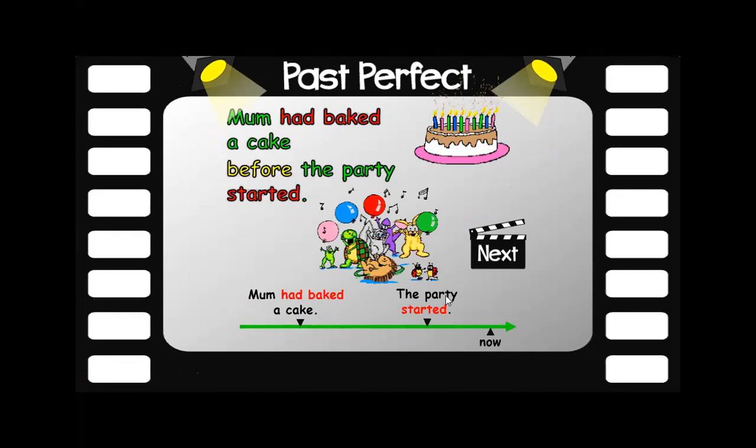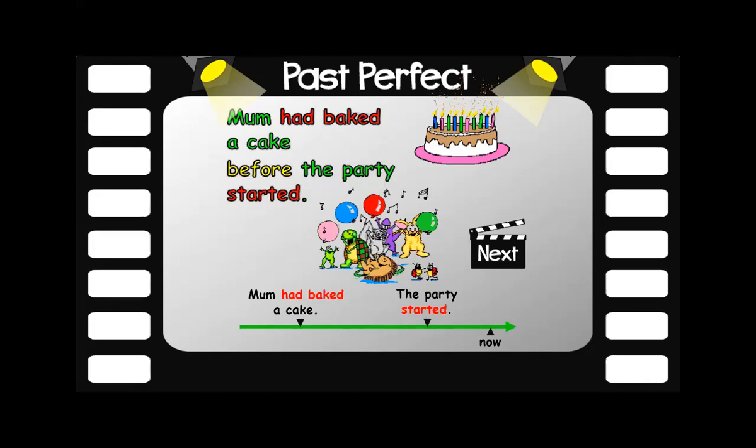Which happened first? Baked a cake or the party started? Mom had baked the cake. Yes, excellent. So mom's first action: baked a cake. Second action: the party started.